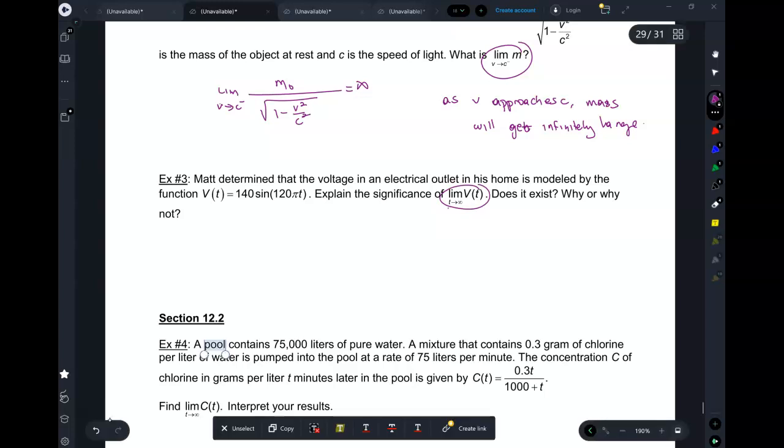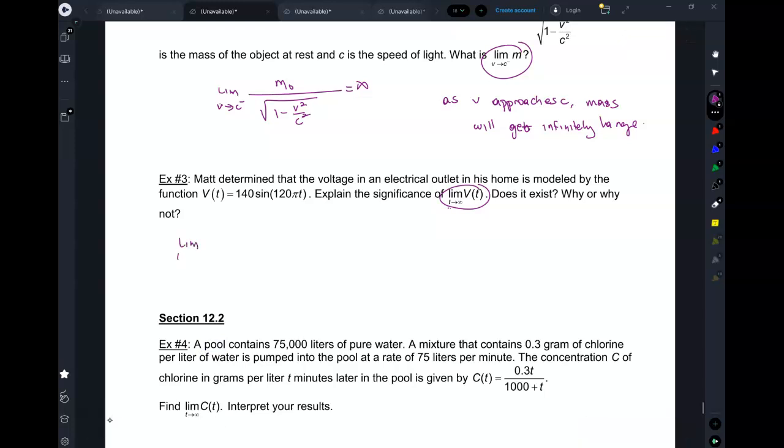So here we're being asked, what is the significance of the limit as t approaches infinity of v of t, right? So if v of t is the voltage, what this quantity is saying is, how much will the voltage be after a very long period of time, right?